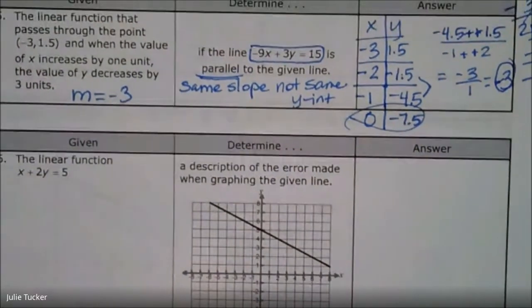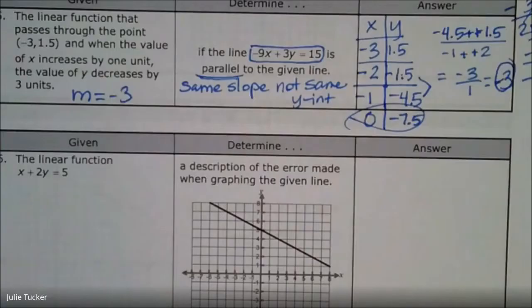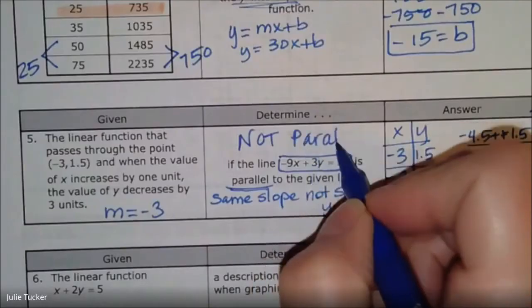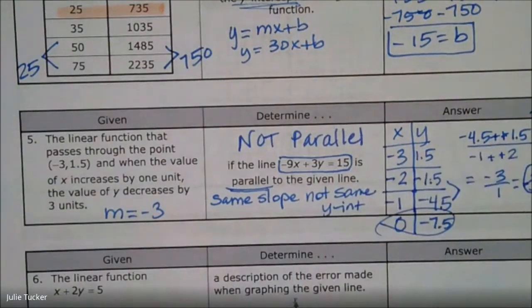So if they have different slopes, then they're not parallel, right? Not parallel.